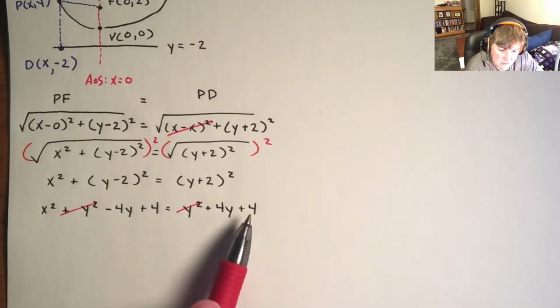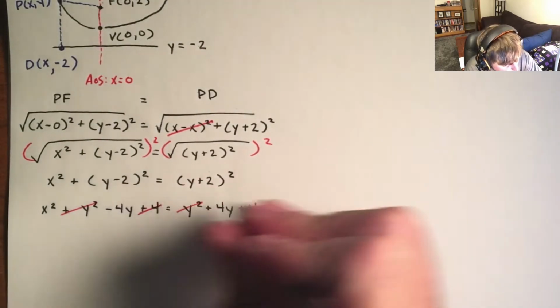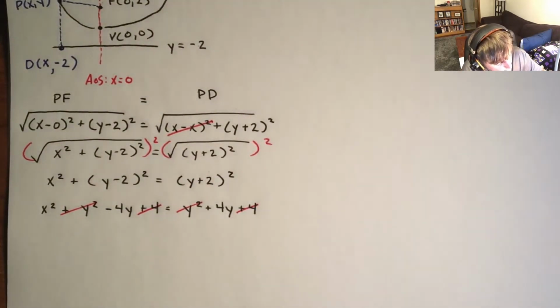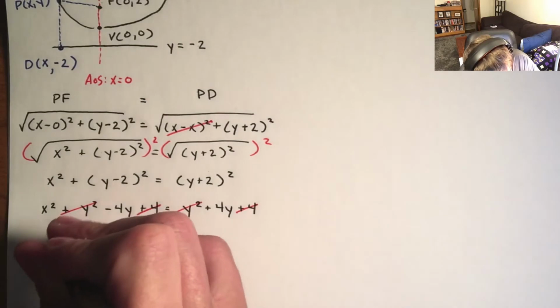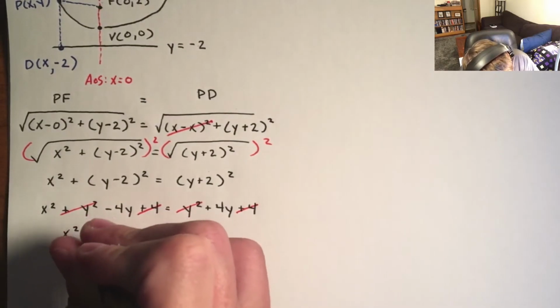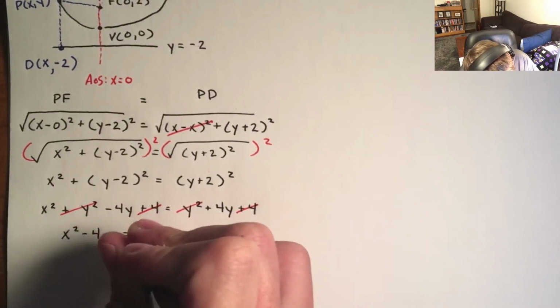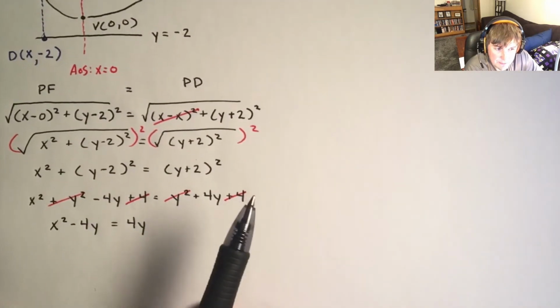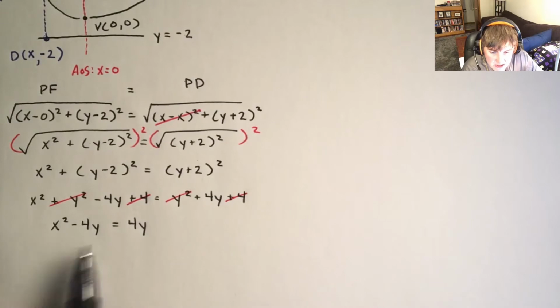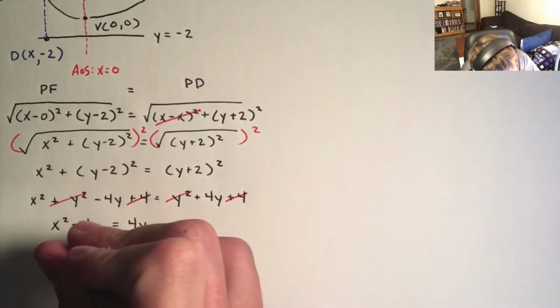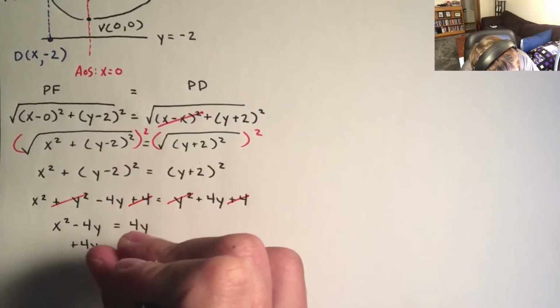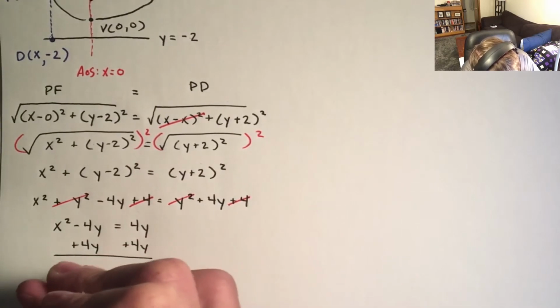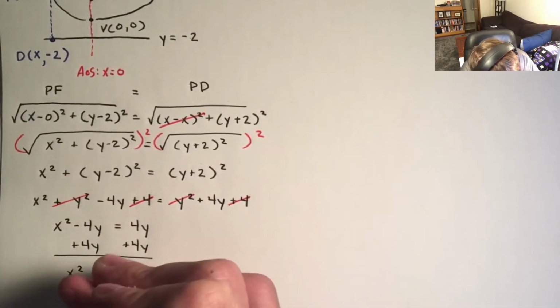If I subtracted 4 from each side, they would also just be gone. Okay, so what am I left with? I'm left with x squared minus 4y is equal to 4y. Well, I need to get all y's on the same side of the equal sign. So instead of minusing 4y here, I'm going to add 4y. So now I get x squared is equal to 8y.